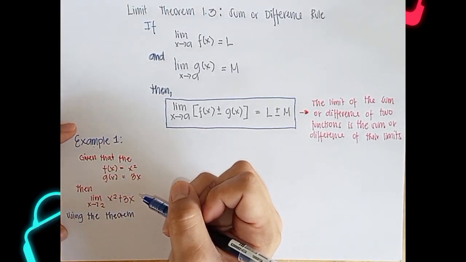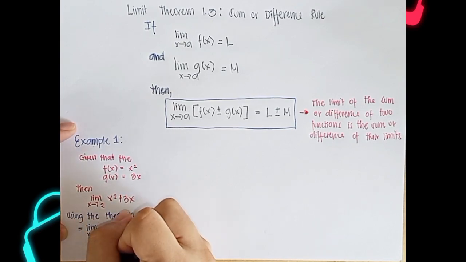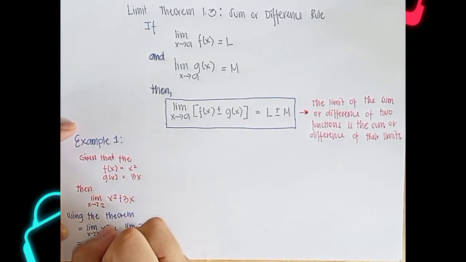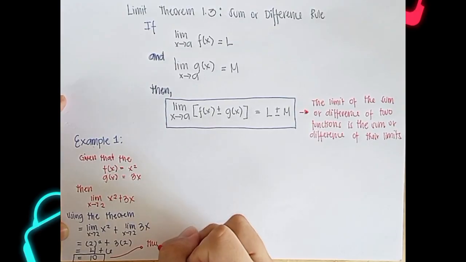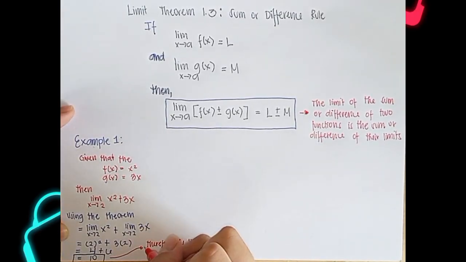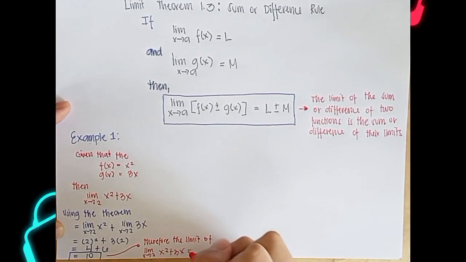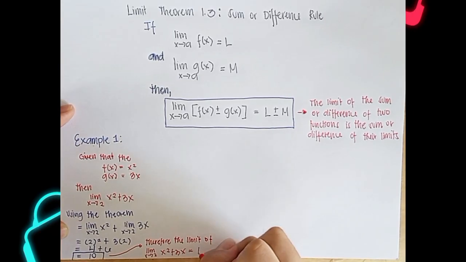Using the sum or difference rule, the limit as x approaches 2 of x squared plus the limit as x approaches 2 of 3x. Substituting x as 2: 2 squared plus 3 multiplied by 2. So 2 times 2 is 4, plus 3 multiplied by 2 is 6. So 4 plus 6 is equal to 10. Therefore, the limit as x approaches 2 of x squared plus 3x is equal to 10.